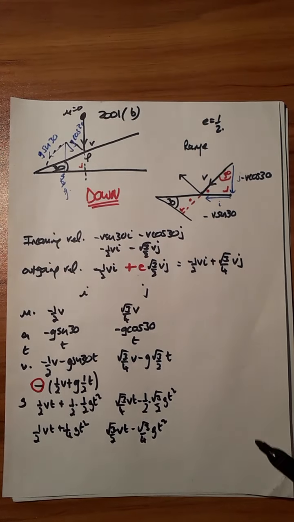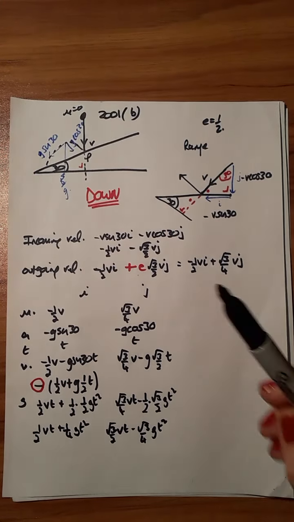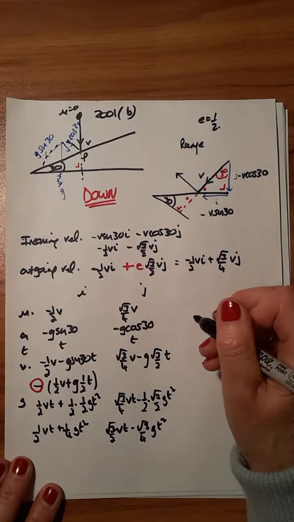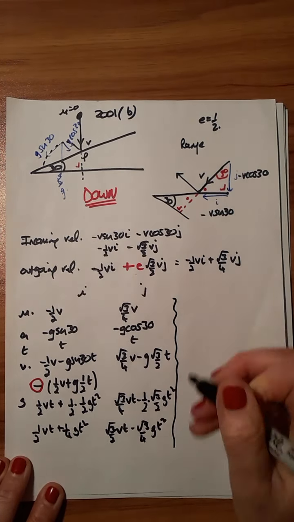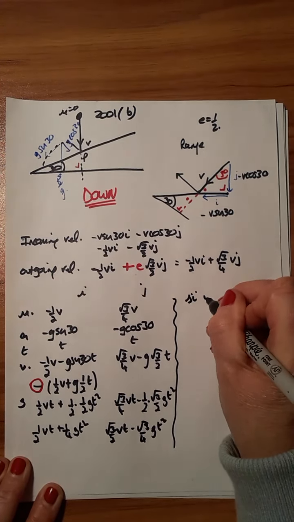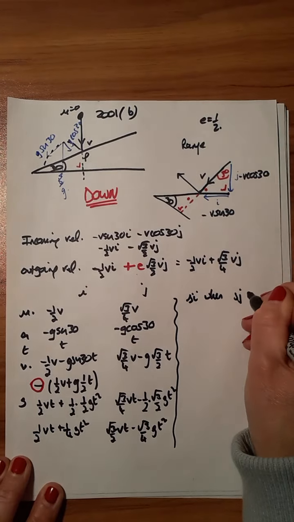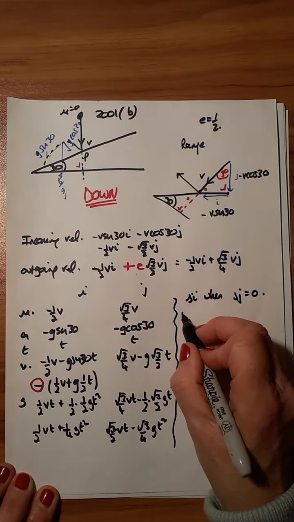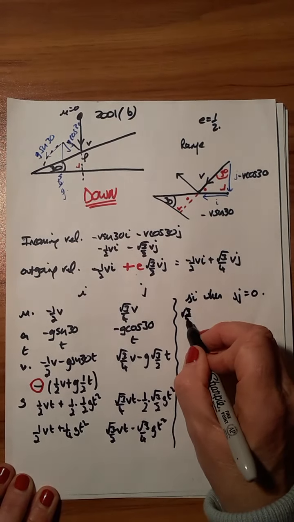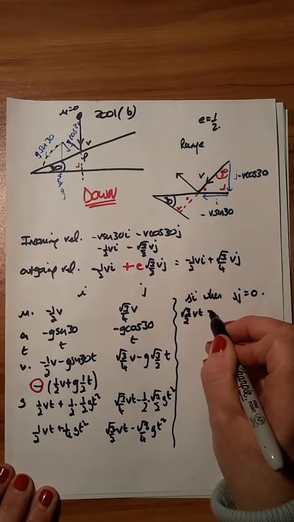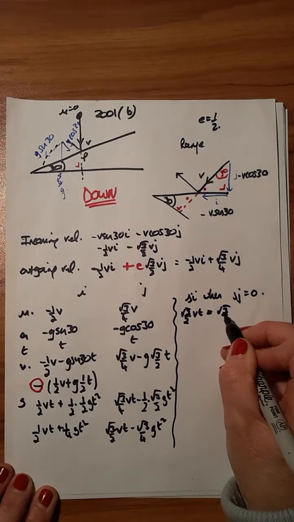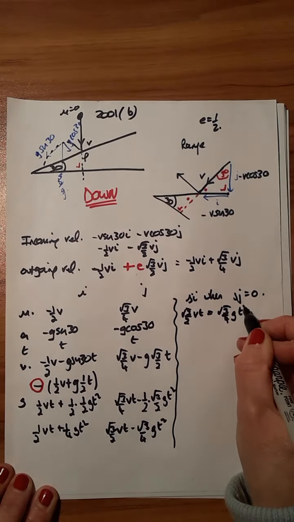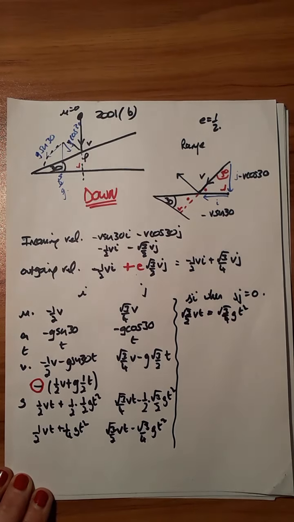The question I'm asked in here is to find the range. So I want the s i when the s j is 0. So I'm going to take my s j, which is root 3 over 2 vt, I'm going to put that equal to root 3 over 4 g t squared. Divide all the way across by t.